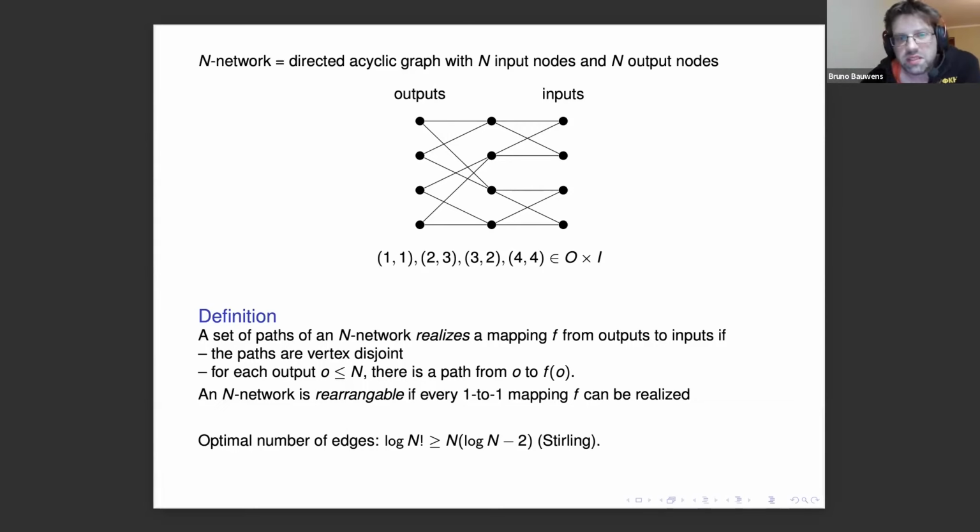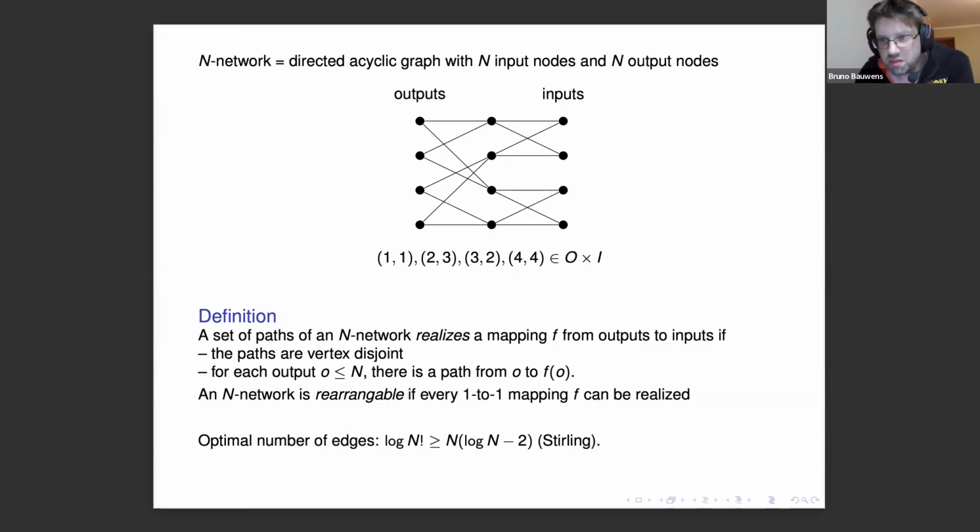Okay, so rearrangeable network. Let us say something easy first. What's the minimal number of edges in a rearrangeable N network? So the bound is that the minimal number of edges is log N factorial.